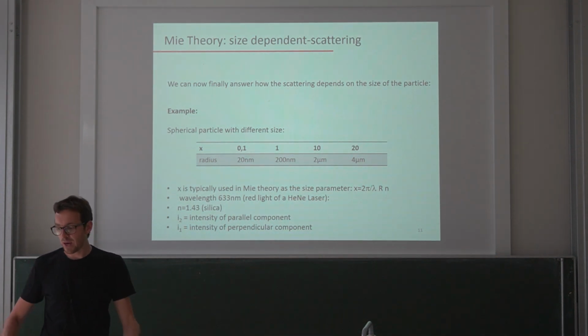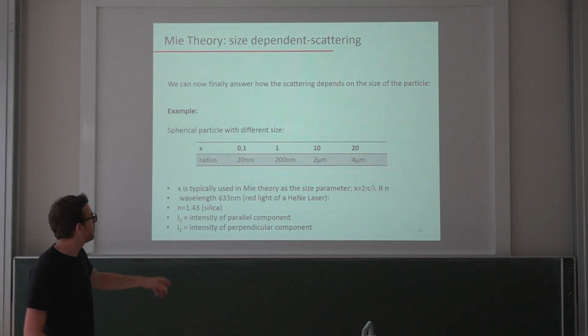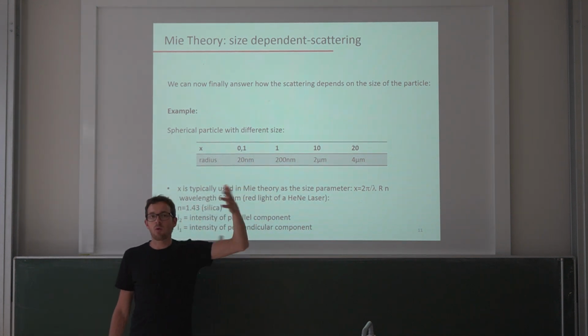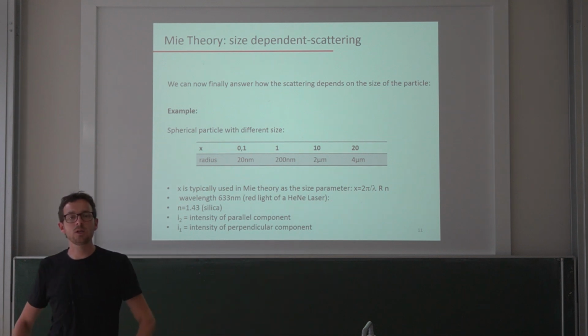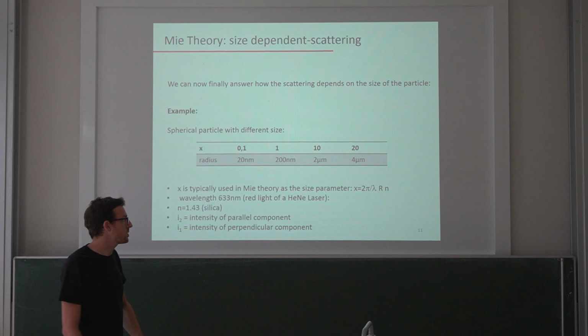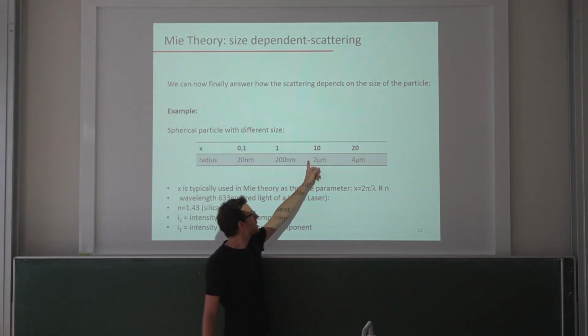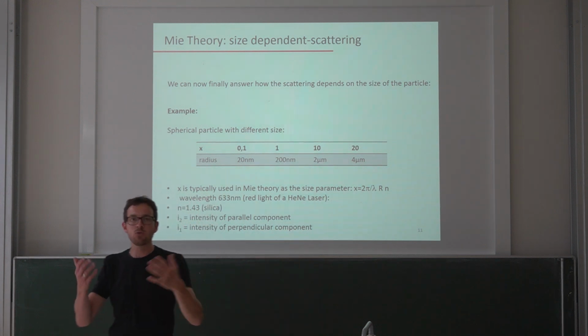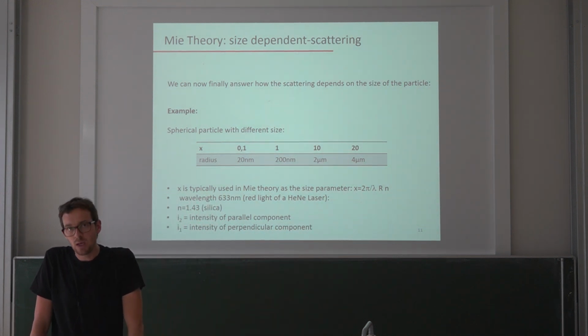And what we would expect is that for small sizes, especially here, we should recover Rayleigh scattering, because the particles are clearly small enough that they will obey Rayleigh scattering. And we should also expect that something will change for these values here. Otherwise, I wouldn't go through all these efforts to tell you about it. Then I could just say, Rayleigh scattering works, done.